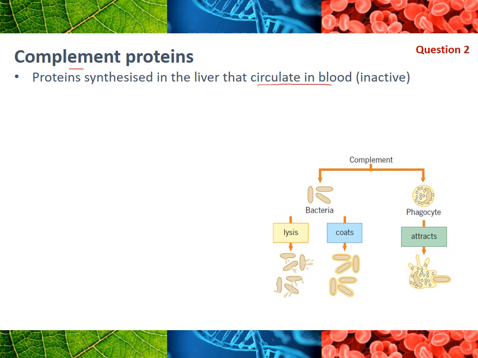So what that means is they're always circling around in the blood, and then when they're needed, they get switched on. And what actually switches them on or activates them is pathogens.